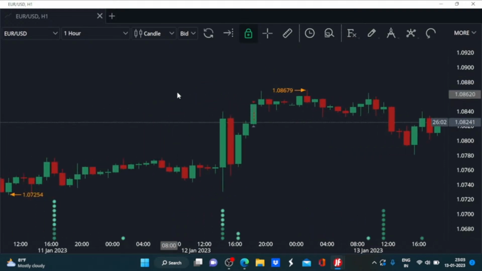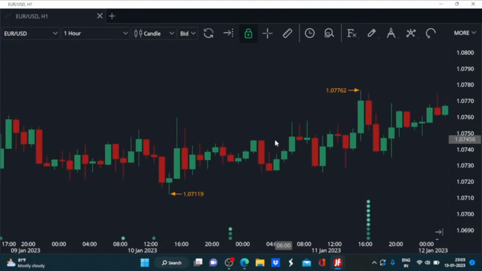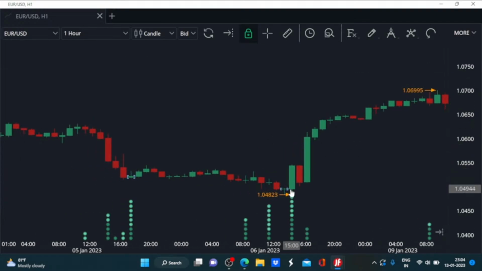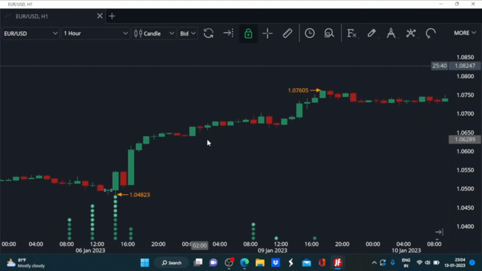Let us see when it formed very recently. Oh, it formed recently on 6th of January and it indicated a reversal on the bullish side. And what a reversal it was, this reversal has added quite significant gains.